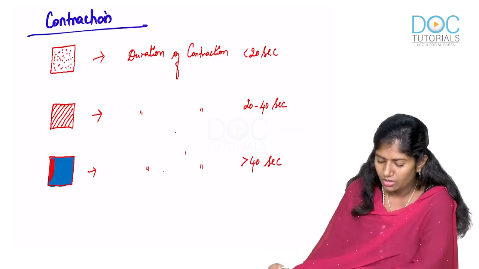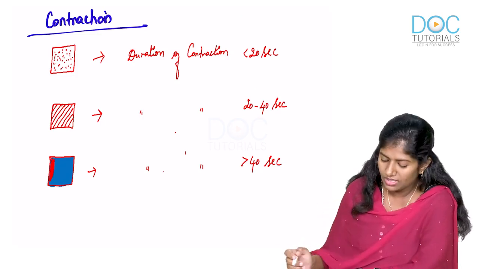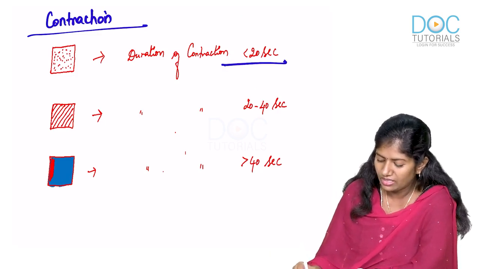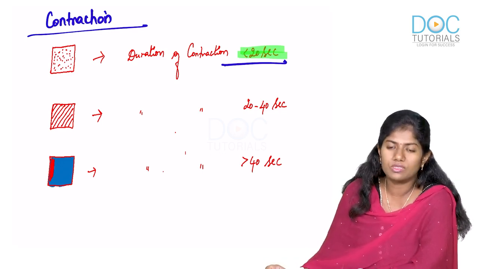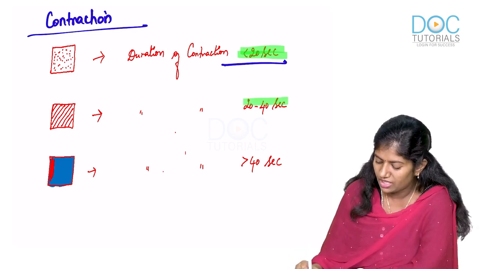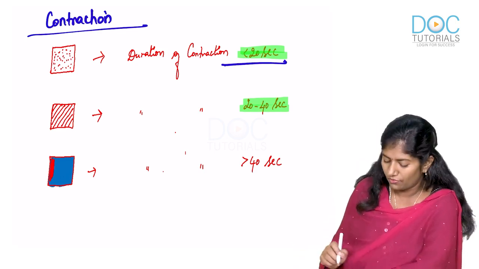If the box is marked with dots, it means the duration of contraction was less than 20 seconds. If there are stripes inside the box, the duration of the contraction is between 20 and 40 seconds.